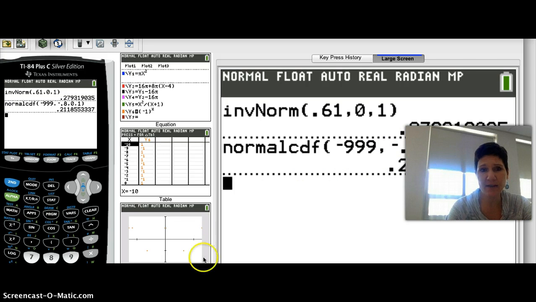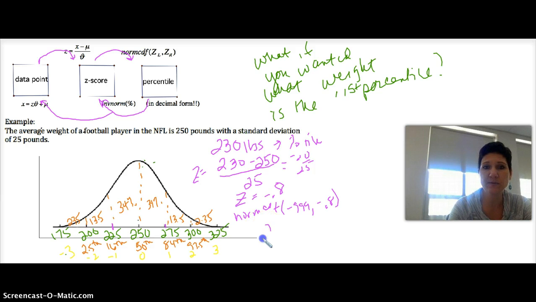So the percentile is, we are at 21%. So this is equal to 21%, the 21st percentile. So if you weigh 230 pounds in the NFL, that means that you weigh more than 21% of the other guys who play in the NFL.